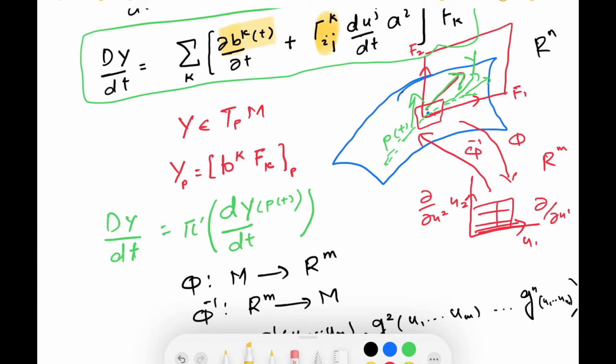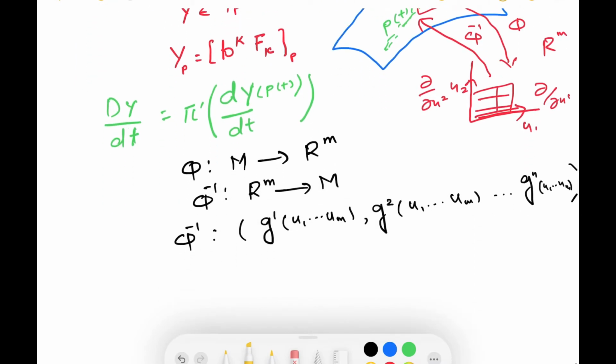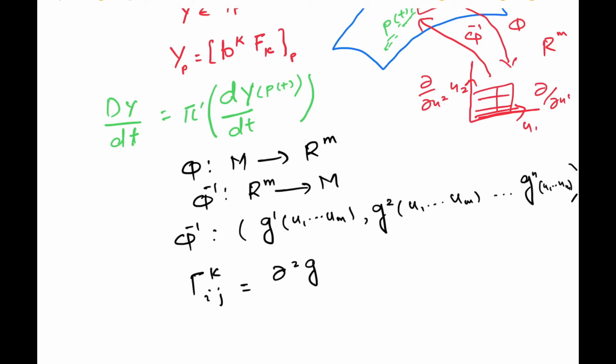This symbol gamma kij is actually partial square g partial ui partial uj and akl.